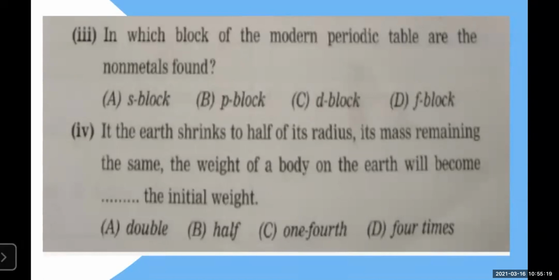You have to understand this question a little. The options are A, double; B, half; C, 1/4; D, 4 times. So your answer will be 4 times. If you don't understand this question, remember the answer will be 4 times the initial weight. This is from your first chapter, gravitation.